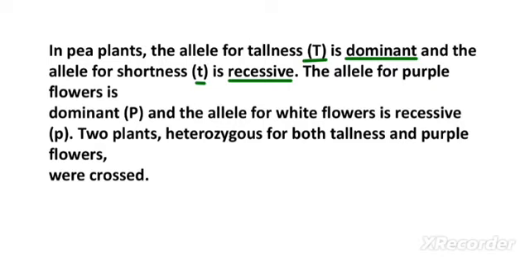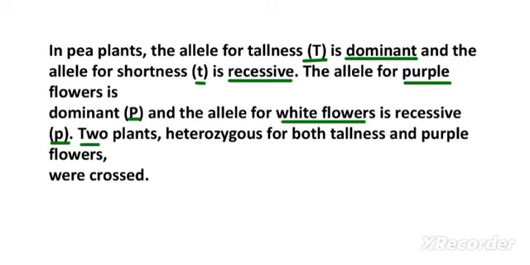We talked about shortness and tallness, that is one characteristic. So the allele for purple flowers is dominant P, and the allele for white flowers is recessive p, right? So this is the second characteristic, white flowers and purple flowers. Purple flowers are dominant over the white flowers. Purple, capital letter P, white flowers, small letter p.